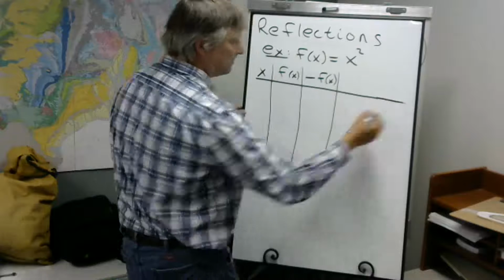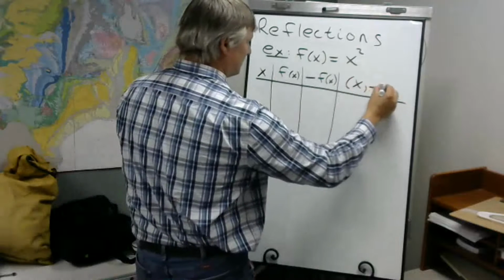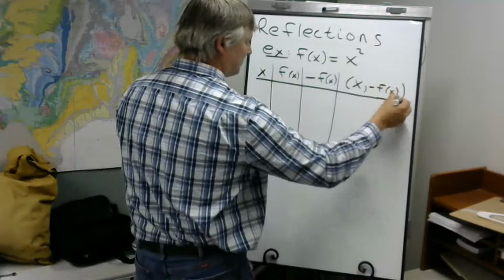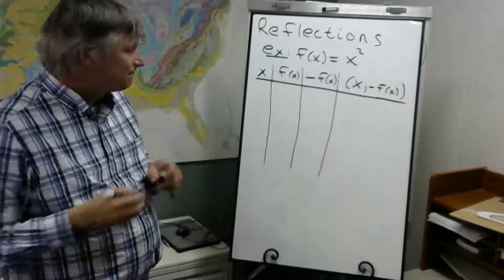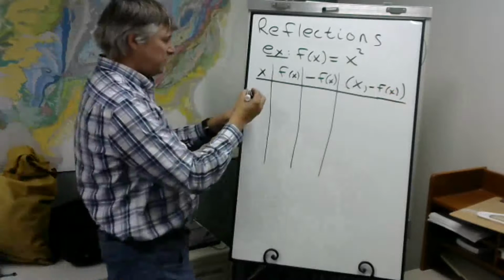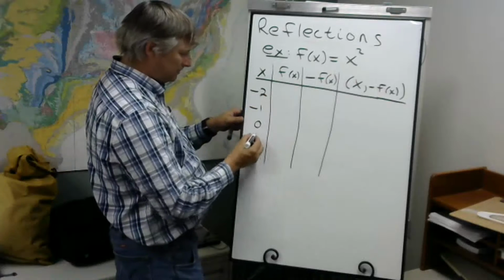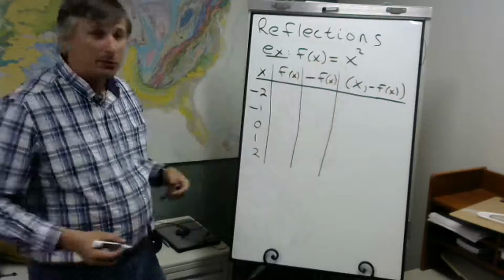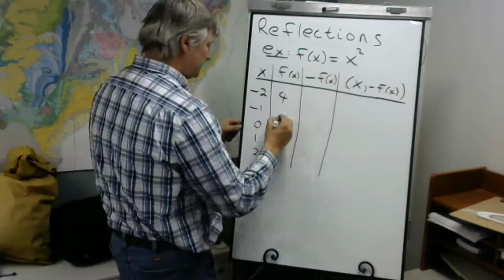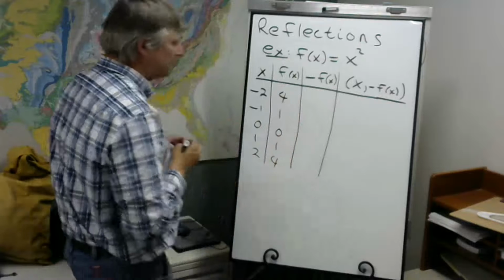And then we'll have our new ordered pairs. So this is a reflection across the x-axis. So again, let's go with -2, -1, 0, 1, 2. And again, we're just squaring these x inputs. So we have 4, 1, 0, 1, and 4.